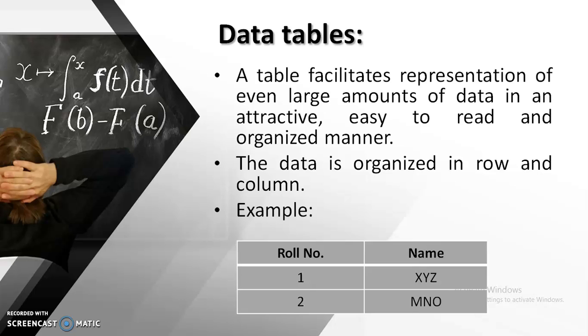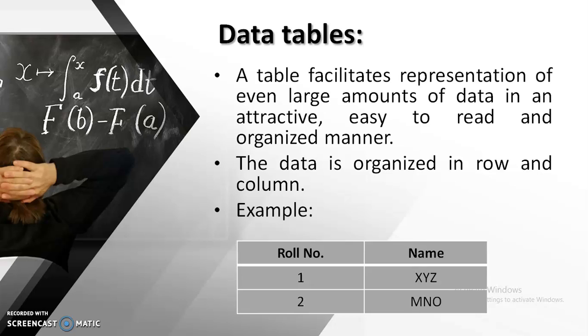Attractive means we want to see it many times. Easy to read means we can find anything, right? And organized manner means it is in ascending order, descending order or alphabetical way, like that.